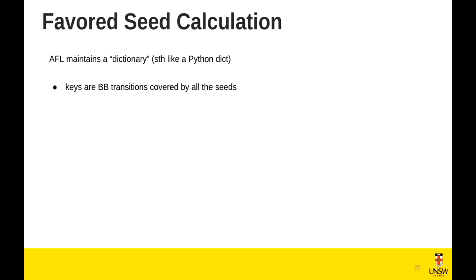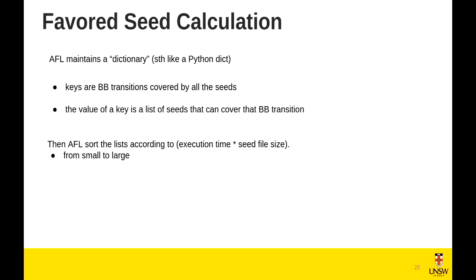What are the keys? The keys are the basic block transitions covered by all the current seeds. And the value of a key is a list of seeds that can cover that particular basic block transition.